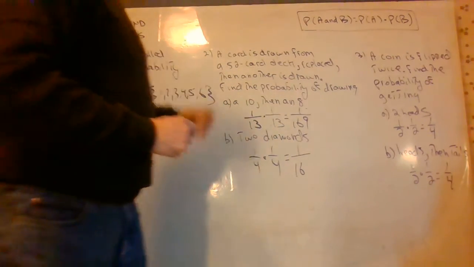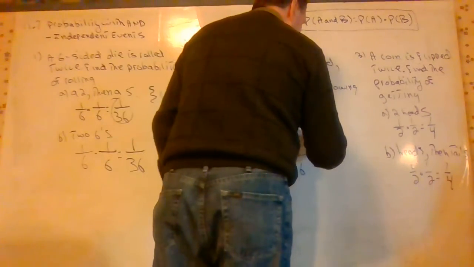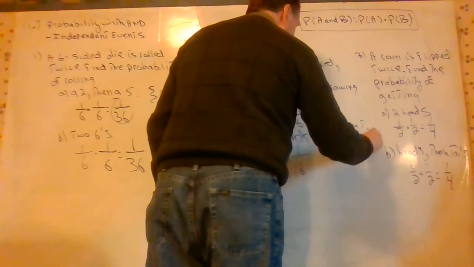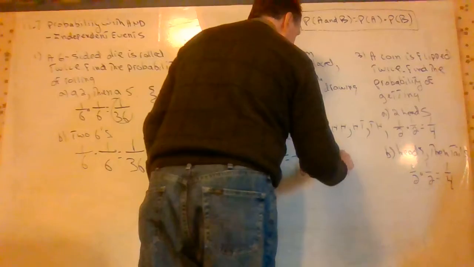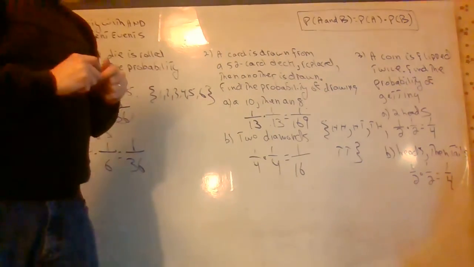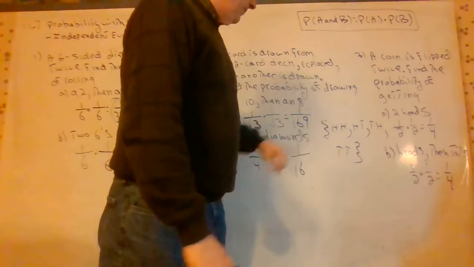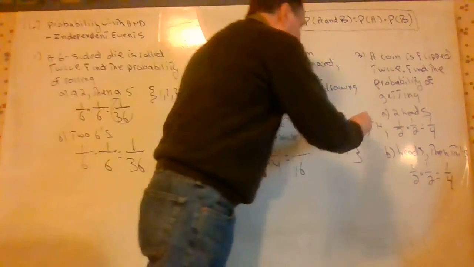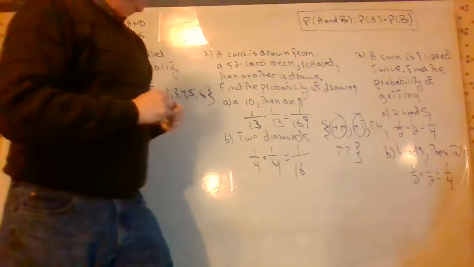And incidentally, that's exactly the same as if we write the sample space HH, HT, TH, TT. There are 4 equally likely outcomes. Okay, 2 heads is right here. Heads then tails is right here, 1 out of 4.